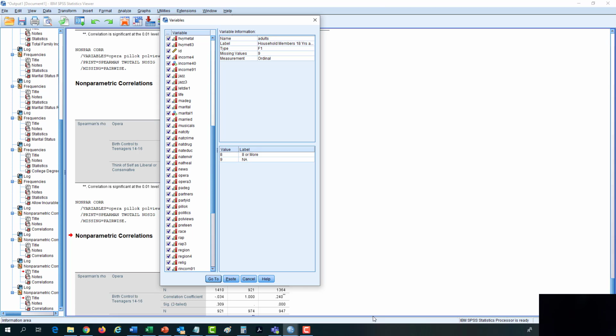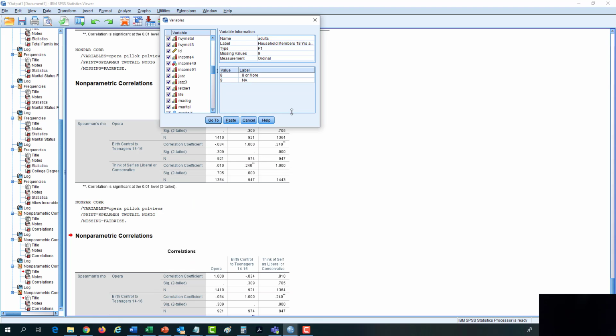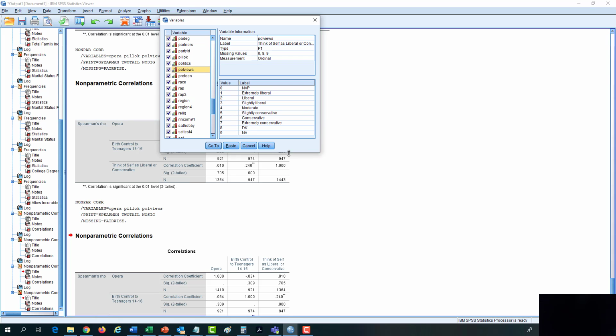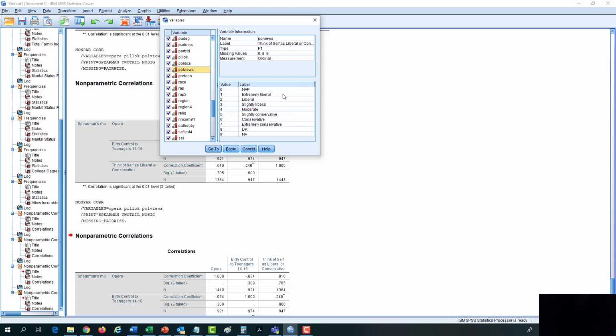So poll views, let's make this not so gigantic. Poll views is, you know, are you liberal or conservative? And you could make a case that this is a nominal level variable, but because it starts with extremely liberal and goes all the way to extremely conservative, I'm going to make the case that it is ordinal.